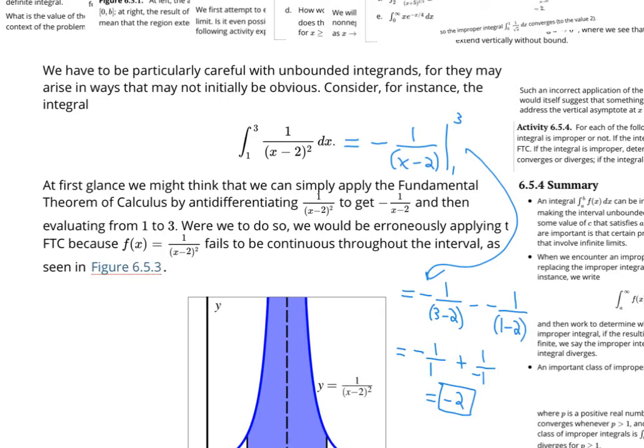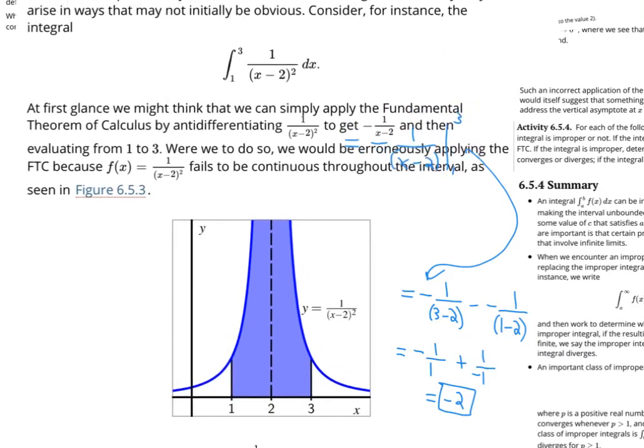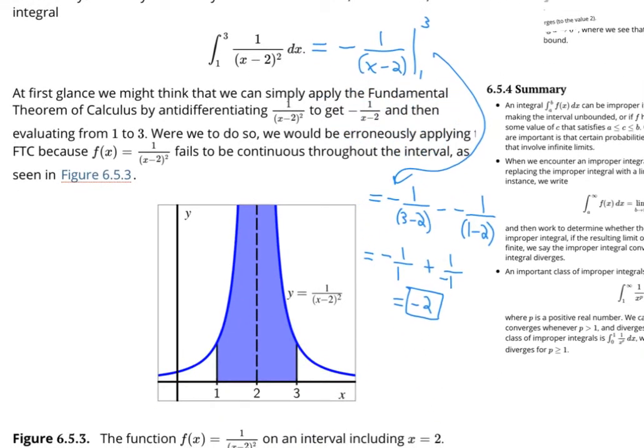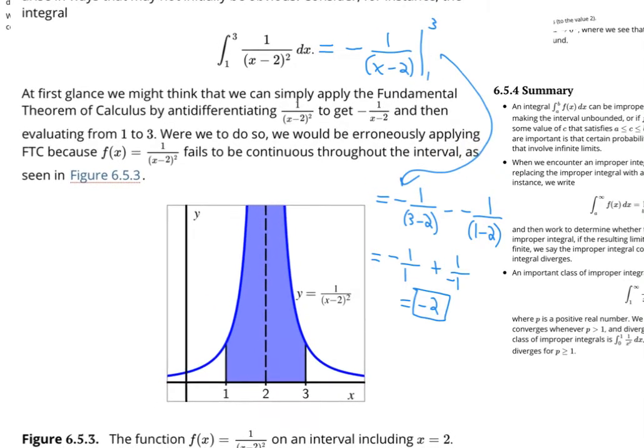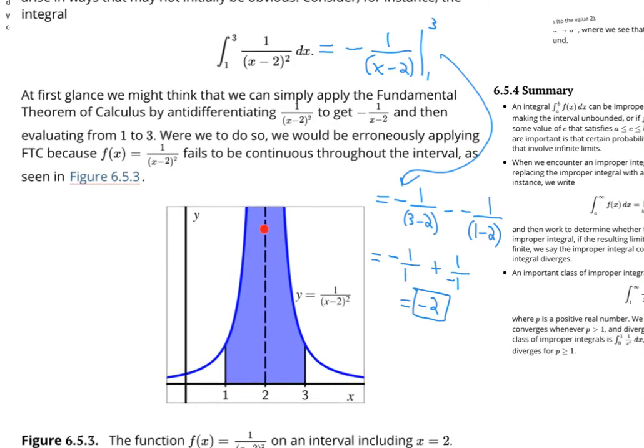If you take a look at the graph of this function from 1 to 3, you should notice that we have everything above the x-axis, and an integral is supposed to represent the area under a curve.